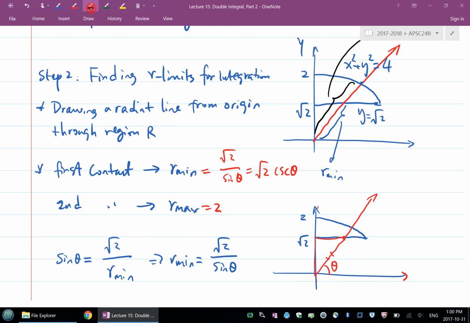When we create the reading line, technically speaking, it's a segment of a line, so you essentially just scan through from here to here. It's a very thin line. You created this line, but you wanted to do what? You wanted to scan through the whole region R, right? Scan through the whole region R.